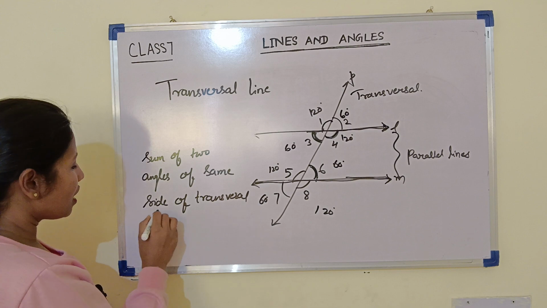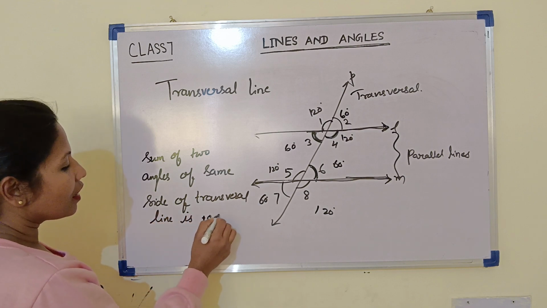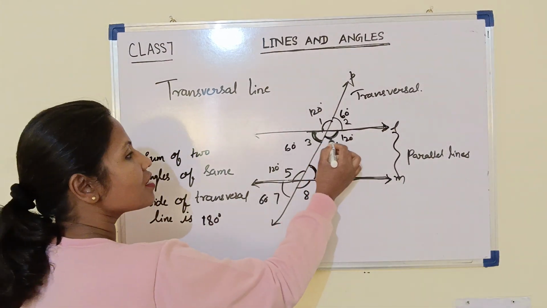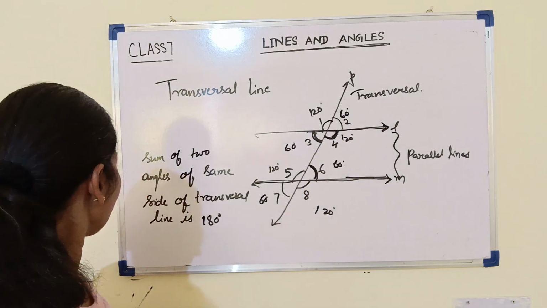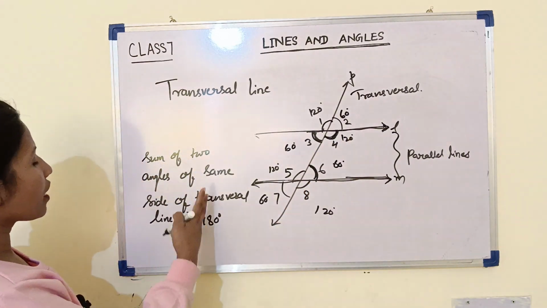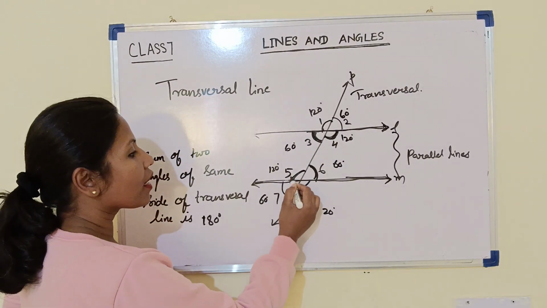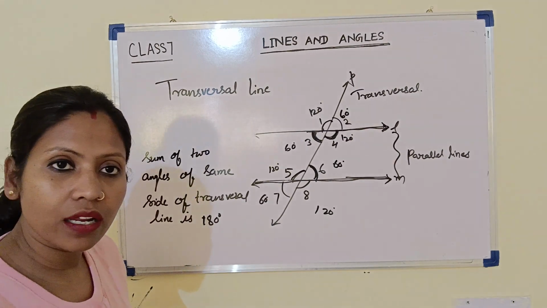The sum of two angles of the same side of the transversal line is 180 degree. Sum of these two angles will always be 180 degree if these two lines are parallel.